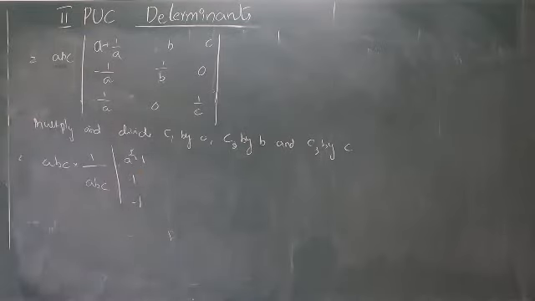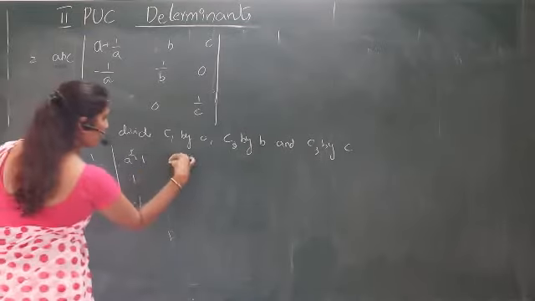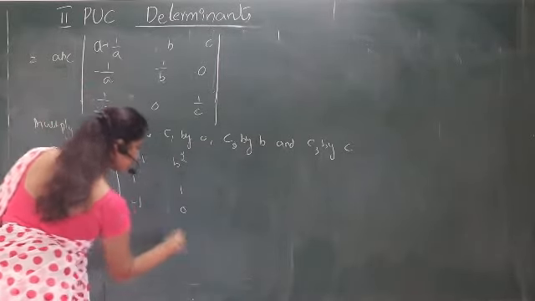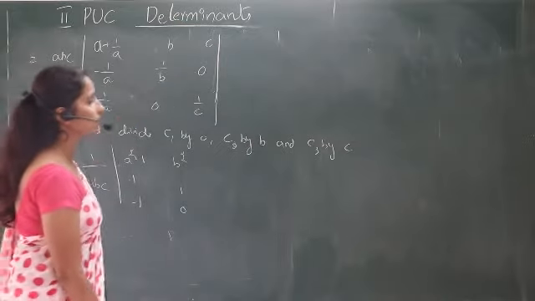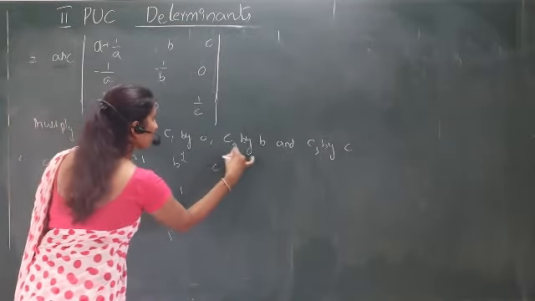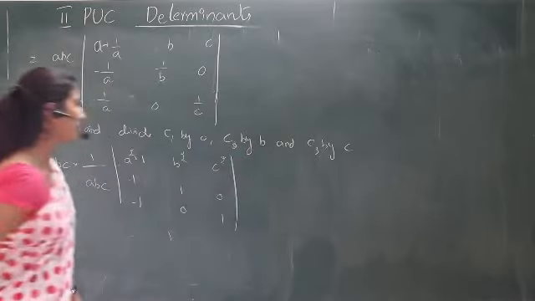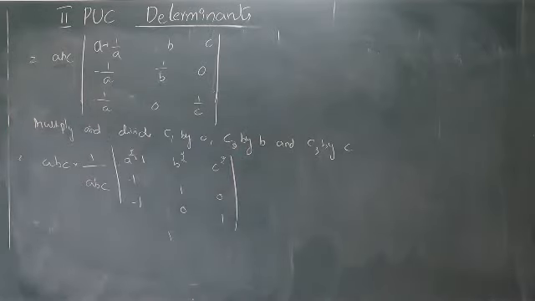C2 by b gives b square, 1, 0. C3 by c gives c square, 0 and 1. So we got this now.